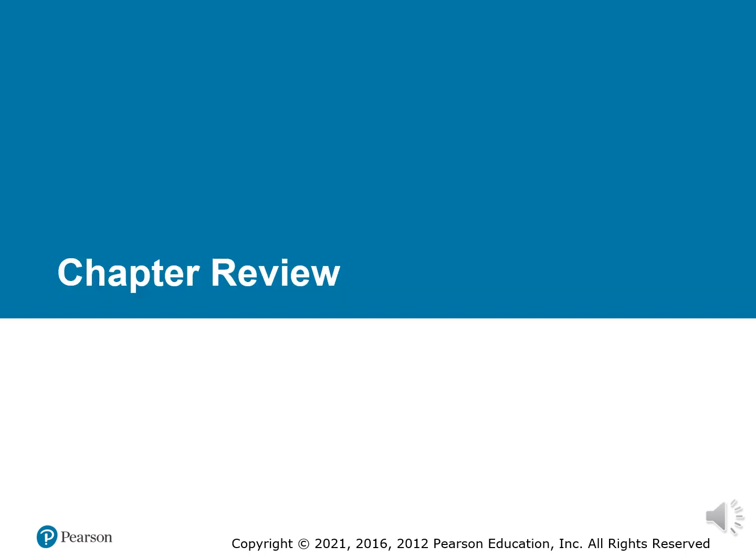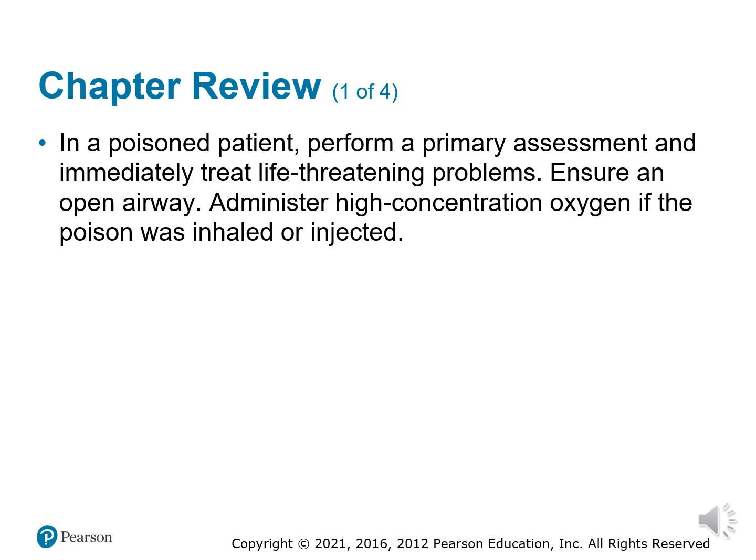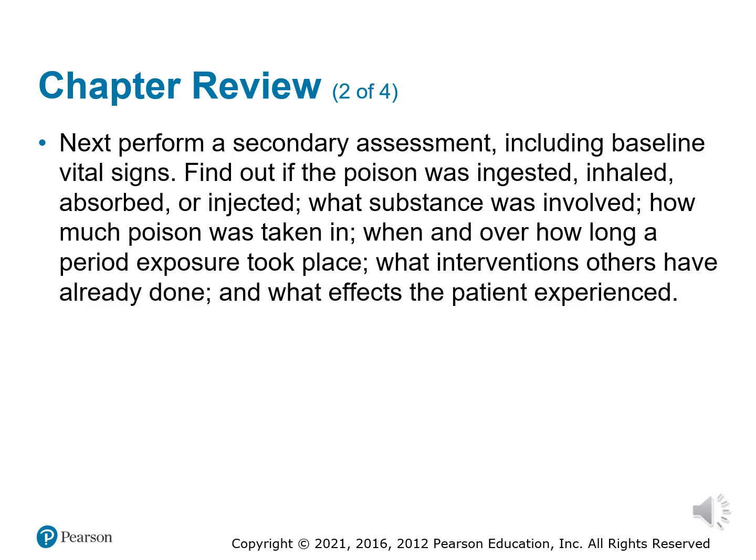All right, let's go over the chapter review. In a poisoned patient, perform a primary assessment and immediately treat life-threatening problems. Ensure an open airway. Administer high concentration oxygen if the poison was inhaled or injected. Next, you want to perform a secondary assessment, including the baseline vital signs.